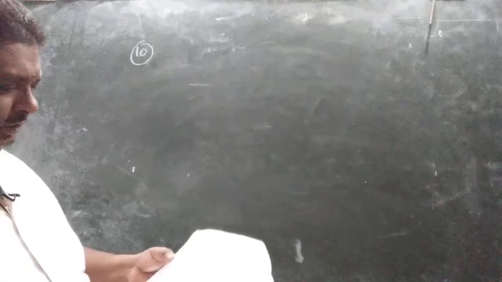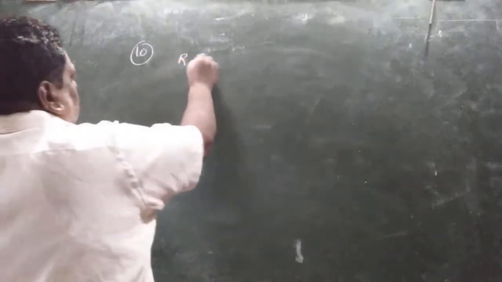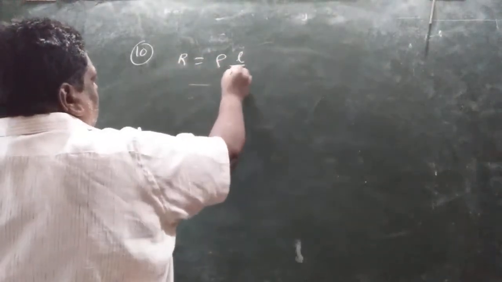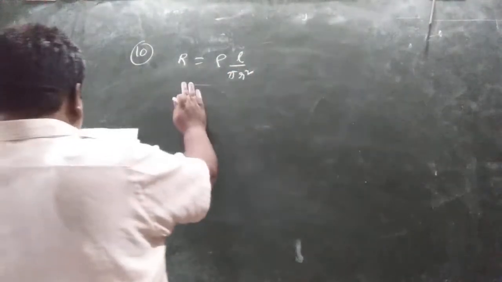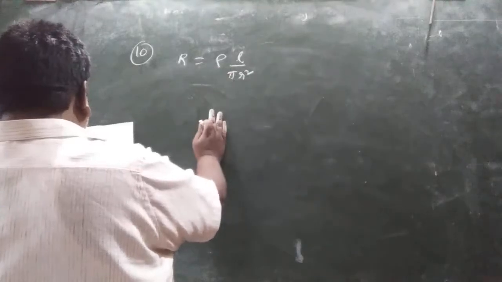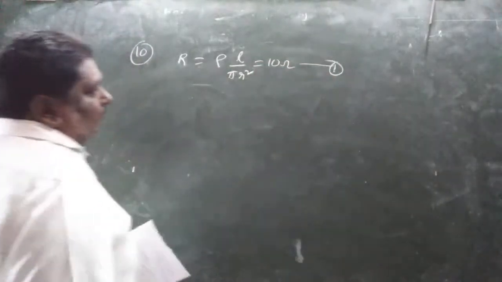Similarly, go for the 10th question. The resistance of a wire is 10 ohm. What is the resistance of a wire whose length is twice and radius is half, made of the same material? The resistance formula is rho into L by pi r square. Suppose the length is L and the radius is r, then it is 10 ohm. Call it equation 1.